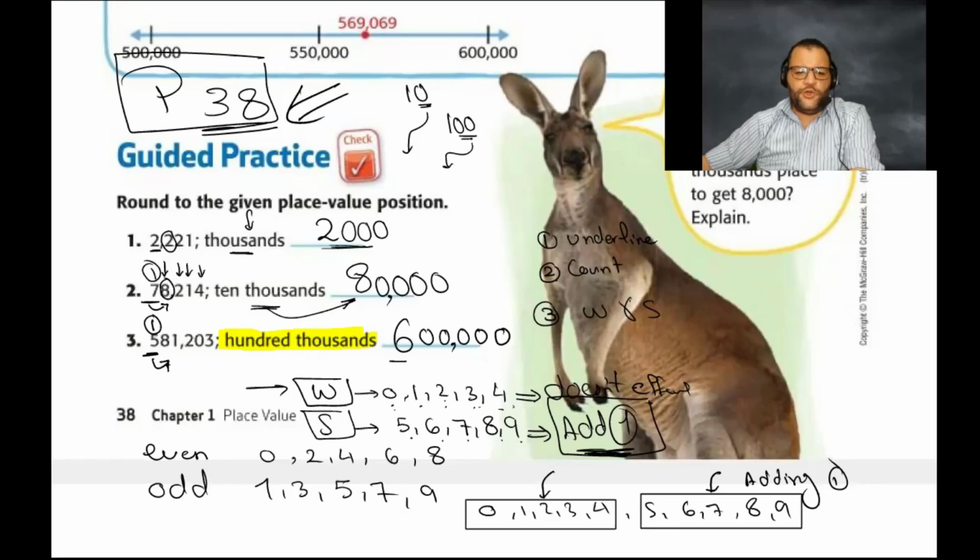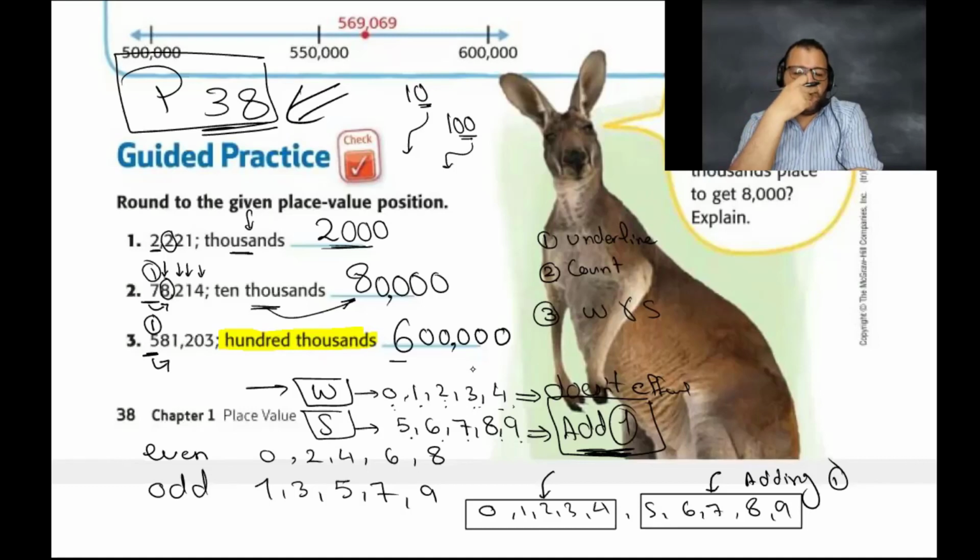Can you repeat with me now how we can round? What are the steps of rounding?